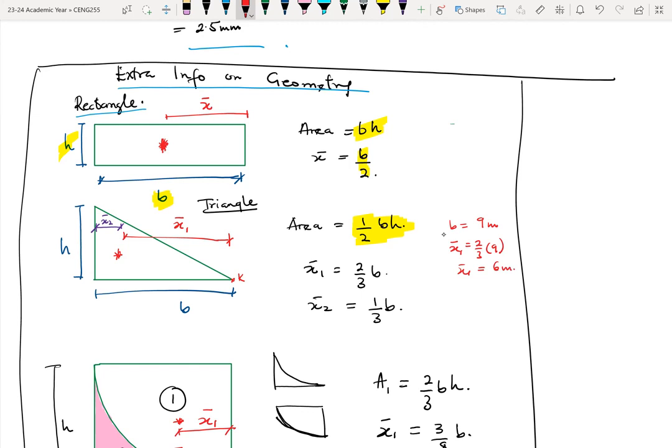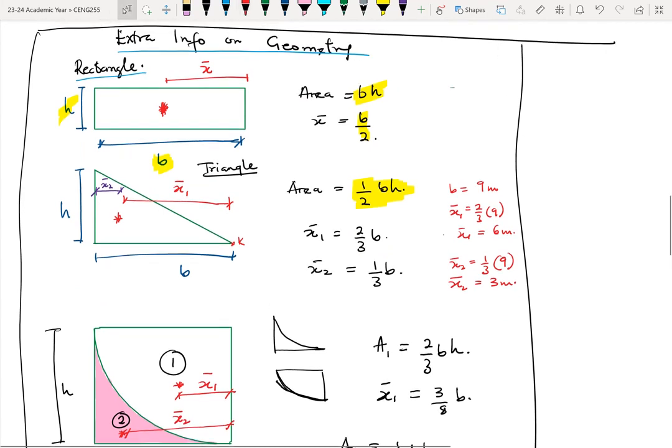That is towards the right. Now, if it's towards the left, then your x2 bar is 1/3 times the base, which again is 9 meters, so x2 bar is 3 meters. Okay, that's something to take note of.